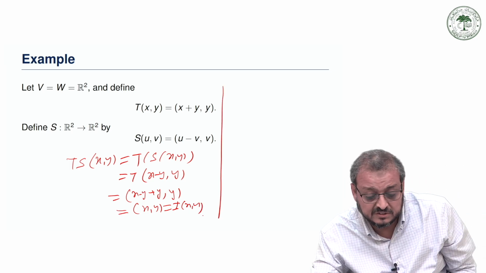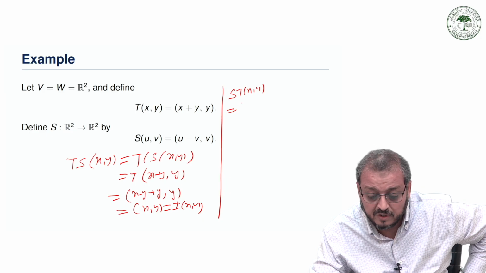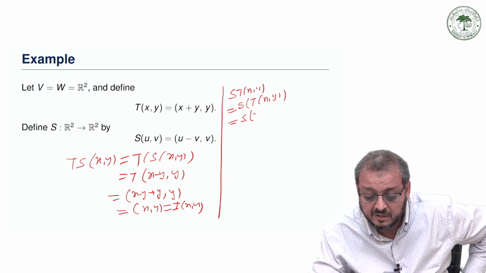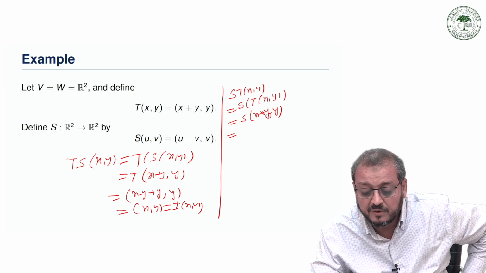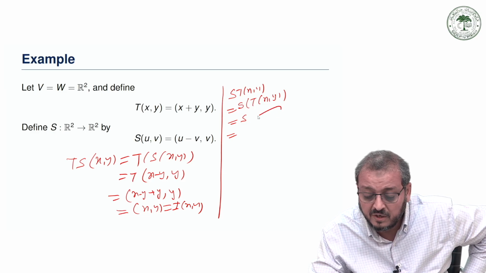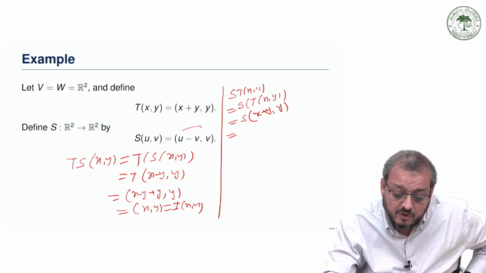Now another way we can check is S of T of x y, again by the property of a composition function. S of T of x y, and T of x y can be written as x plus y comma y, and then S of this is x plus y comma y, and now S is defined in this form.